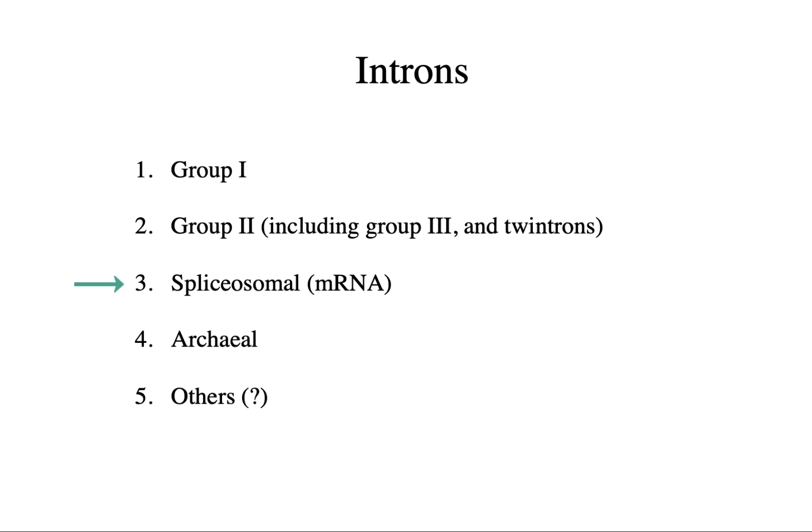Then there are spliceosomal introns, which are primarily in messenger RNAs, and these are derivatives of group 2 introns. And then finally, archaeal introns, which are different than the others, and there may be other classes or types of introns as well.